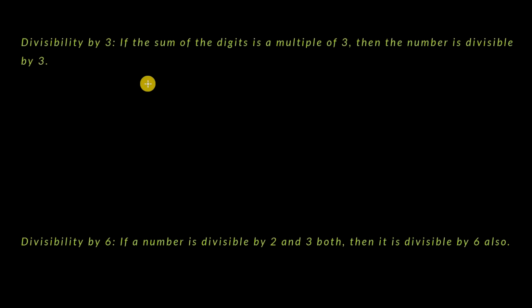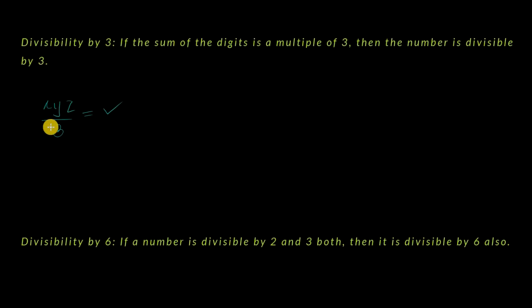Now, divisibility by 3. Don't look at the definition, I'll try to explain with an example. How do we check the divisibility by 3? Say there's a number x y z, and it is divisible by 3, meaning there is no remainder.